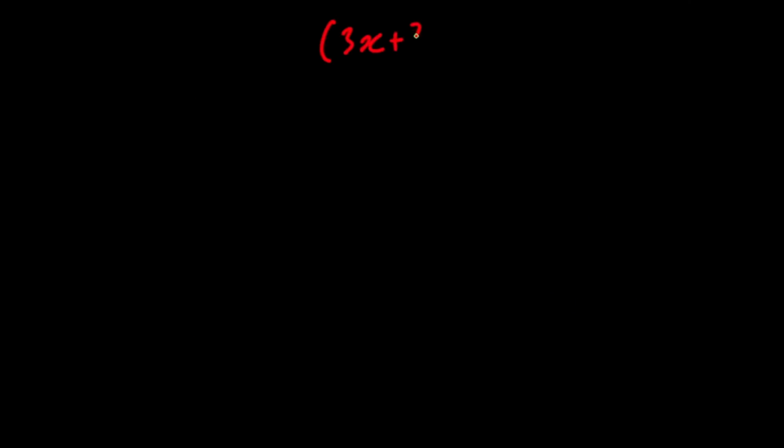3x plus 2 power of 3. So as always, we start off by writing the diagram. 1, 1, 1, 1, 1 plus 1 is 2, 1, 1, 1 plus 2 is 3, 2 plus 1 is 3, and 1. We can stop here because we only have power of 3 and this is power of 3.